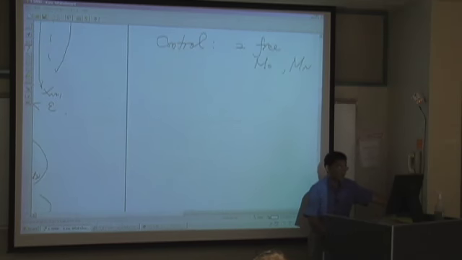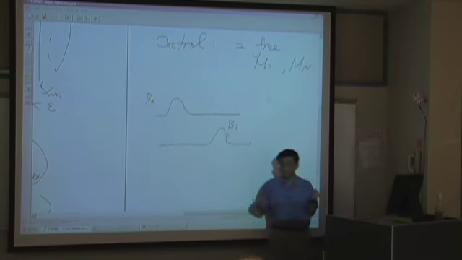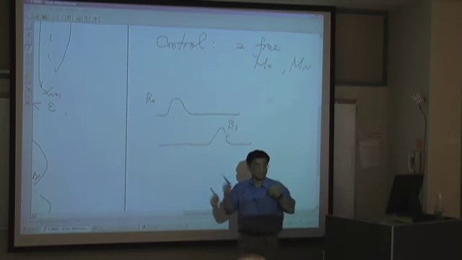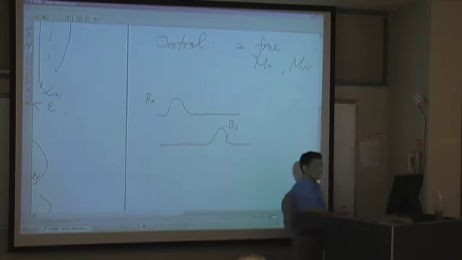So assume that you have first function like this, right? This is B0 function. And assume that you have B3 function. Then by mixing these things, we can create many different curves.